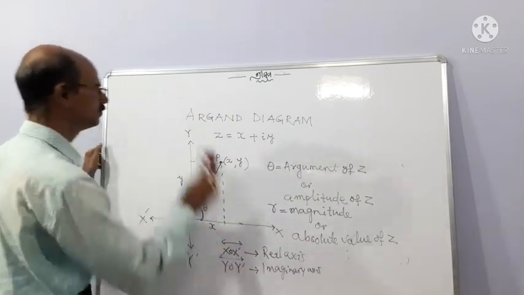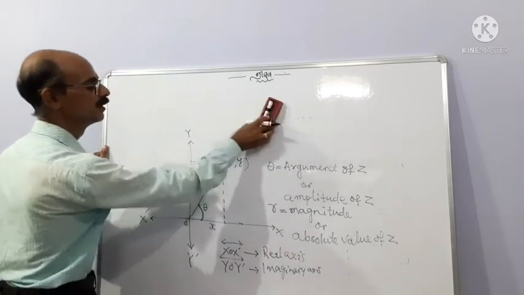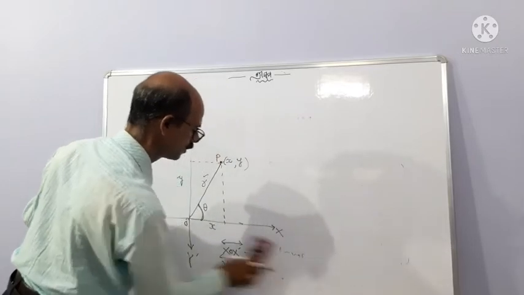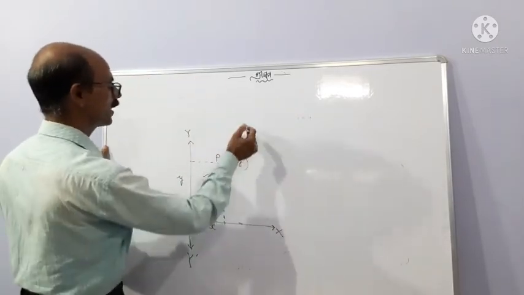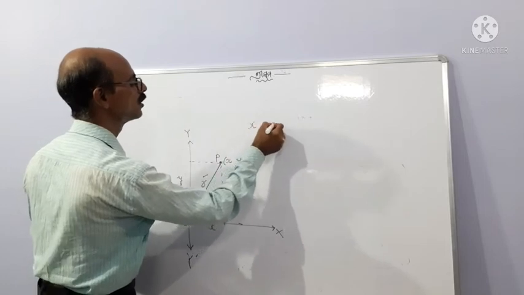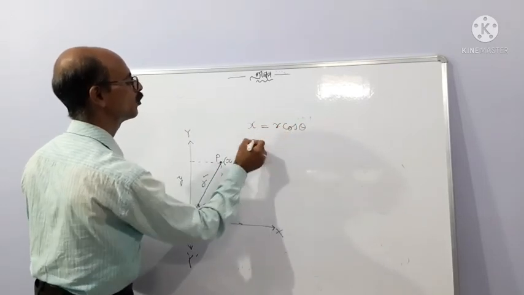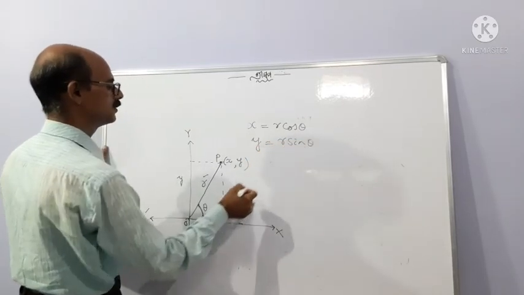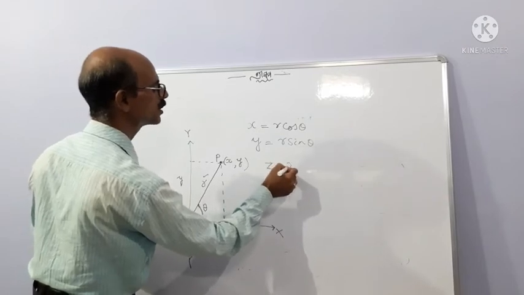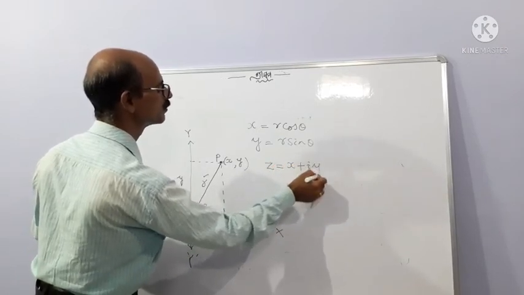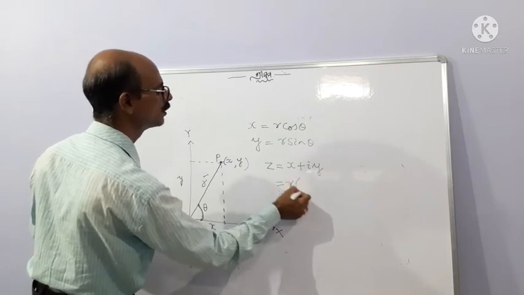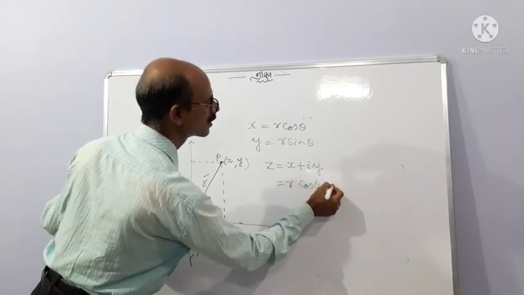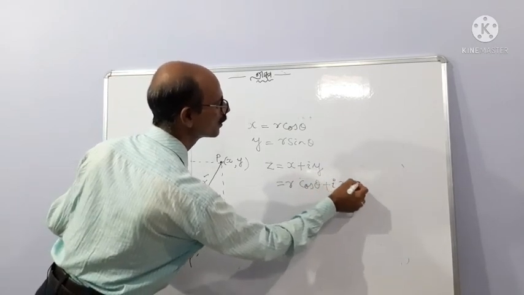Now from the diagram, we have x is equal to r cos theta and y is equal to r sin theta. Then what will be z? z is equal to x plus iy. It will be equal to r cos theta plus i r sin theta.